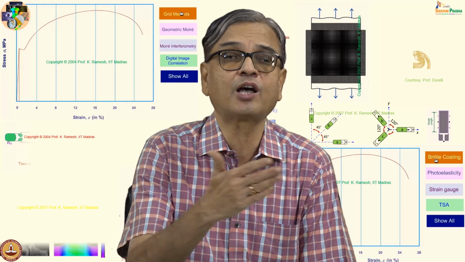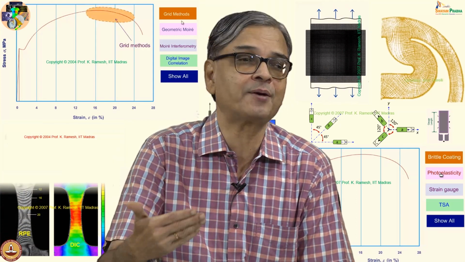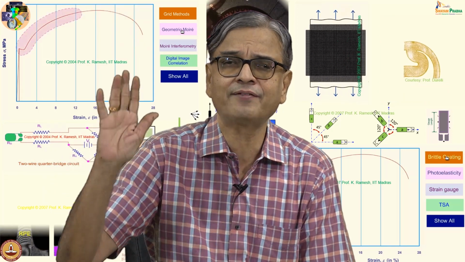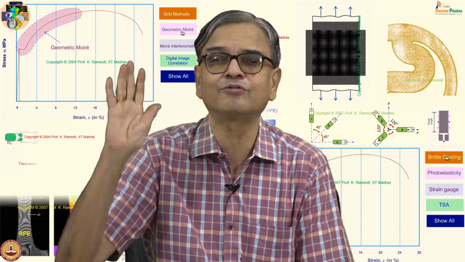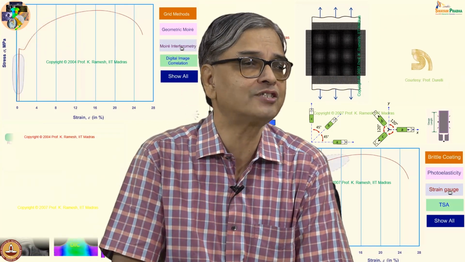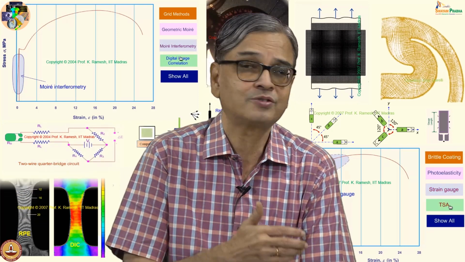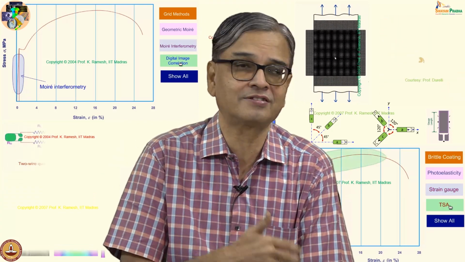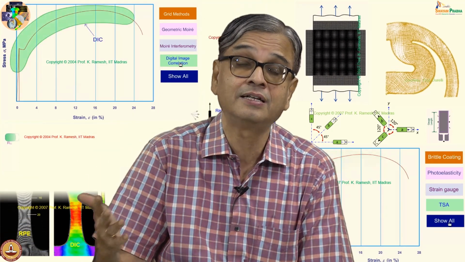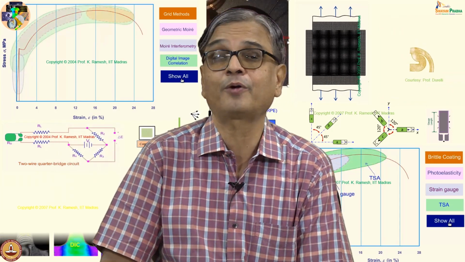So if I have a 1000 channel system and want to increase my number of data points, I should not say I have enough money to spend and will simply use rosettes at every point. Then you can't make the best of your experimental measurement. In some places you may have to use single or 2 elements so that I can make a large number of measurements. So this is a difference between a whole field technique and a point by point technique.